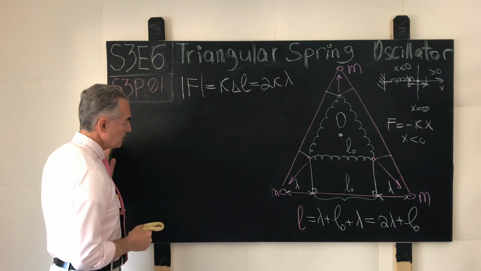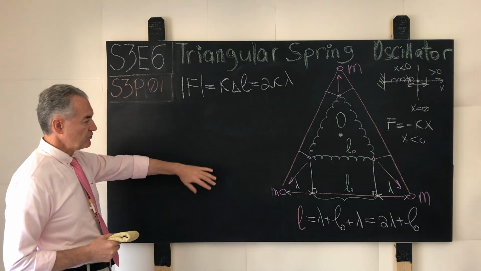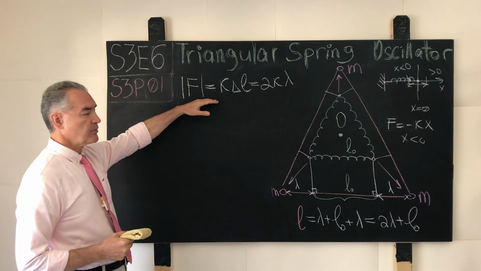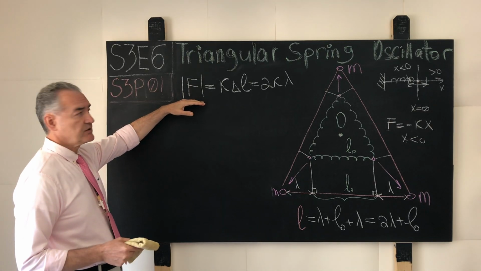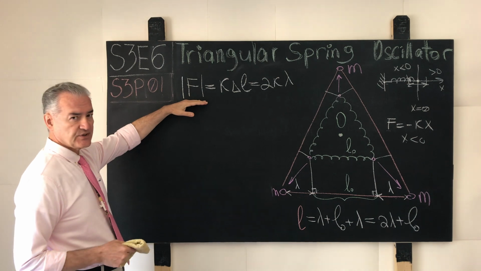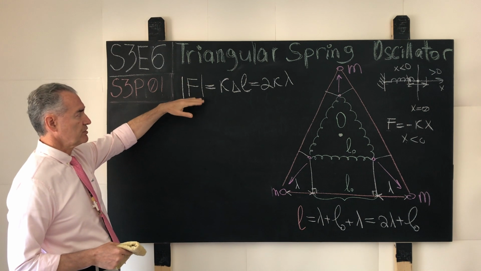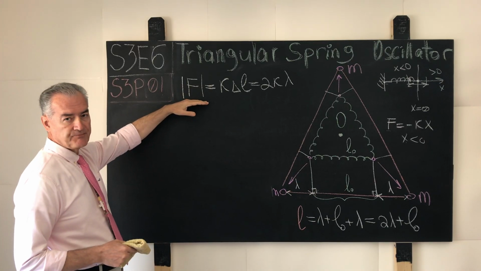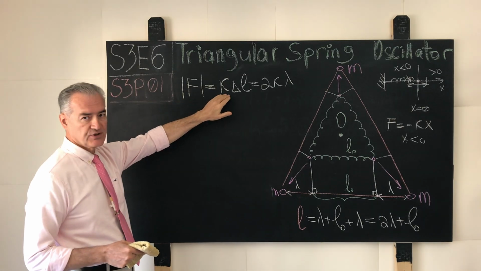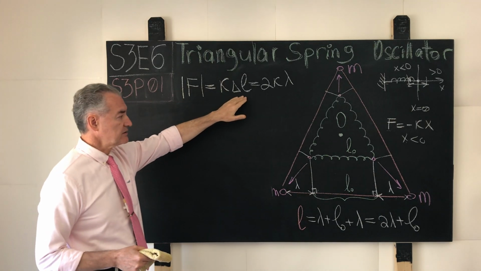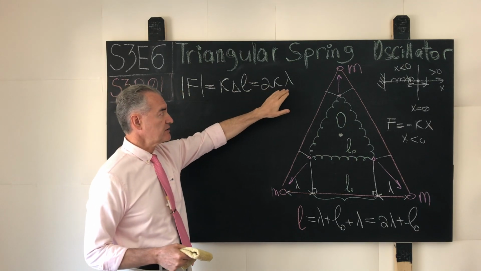Awesome. I took the time to erase the board on the left side of your screen, prepare it for the upcoming segment. And here on top, I wrote the result that we deduced in the previous segment by value. Usually in physics, we do not really like to be that picky. We can use F without the vertical bars, but by magnitude, not by direction, our force is equal to K delta L. We explained where delta L came from, which is 2 times lambda.